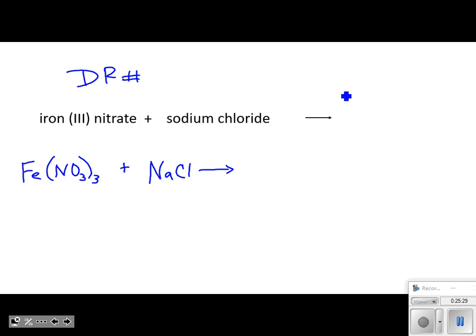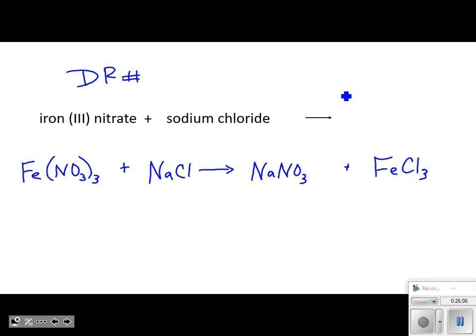So, swap the cations. NaNO3 plus iron 3 chloride. I need to then check my solubility chart.